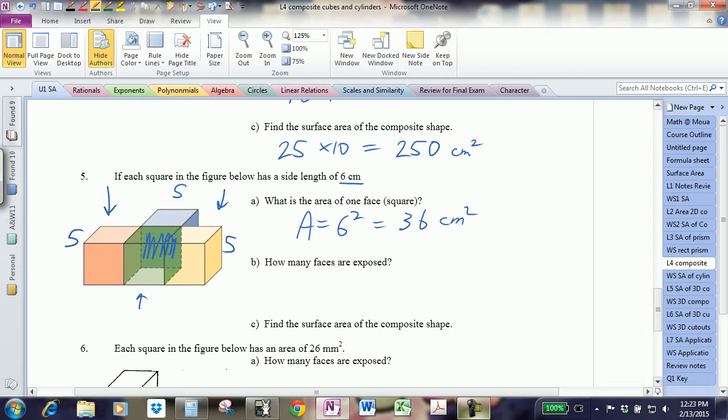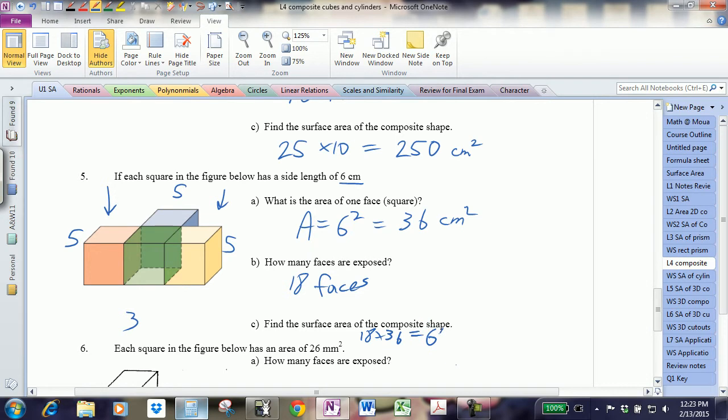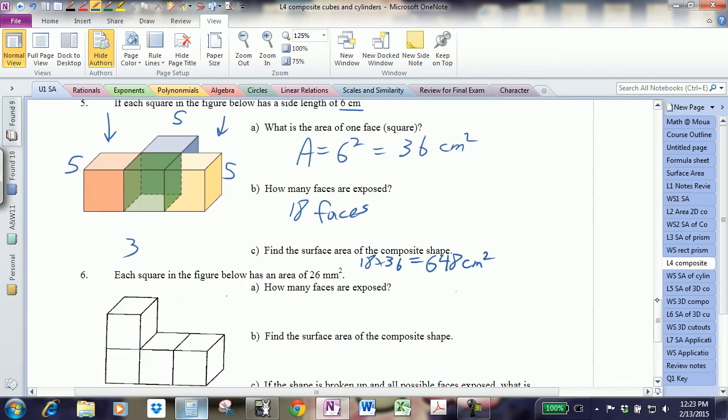Well, there's one touching on the back, one touching on the side, one touching on the other side. 3. So there's a total of how many? 18 faces. Down here, 18 times 36. 648 centimeters squared. Any questions?